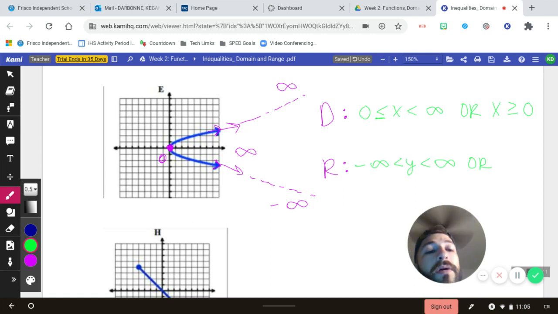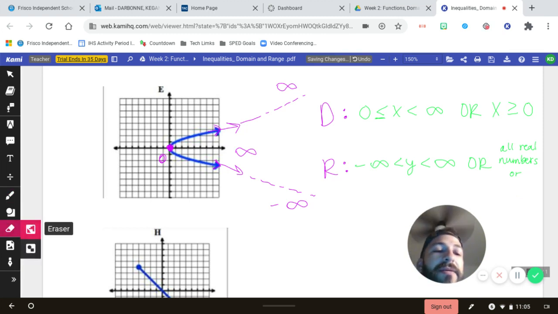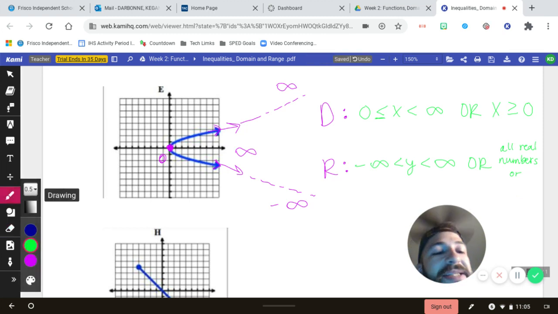So you can write out all real numbers, or you can use this nice little math notation, which that one's not the greatest, so I'm going to do a better one. But it's a capital R with a line through the middle, which stands for all real numbers. So anytime we go from negative infinity to infinity for either our range or our domain, we can just write that R with a line through it, which means all real numbers.